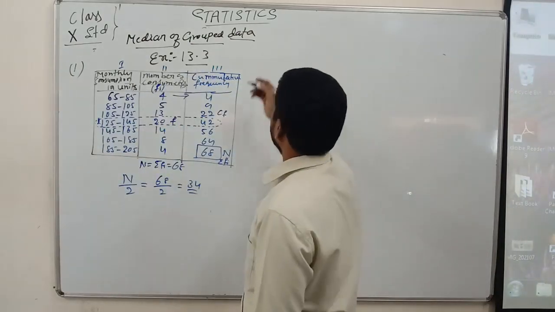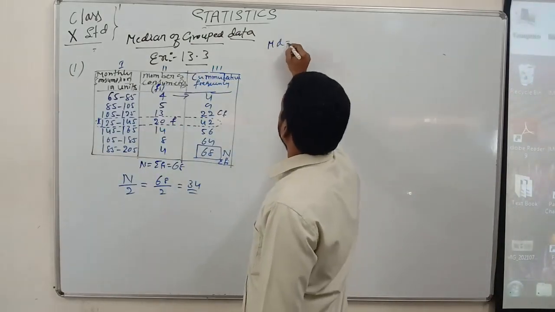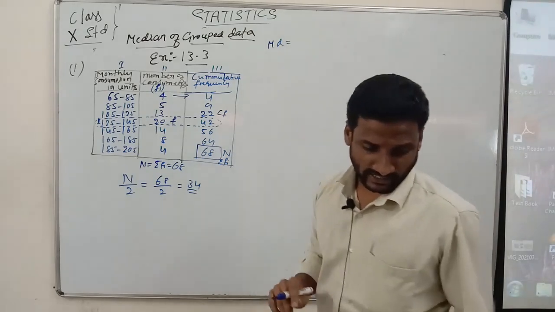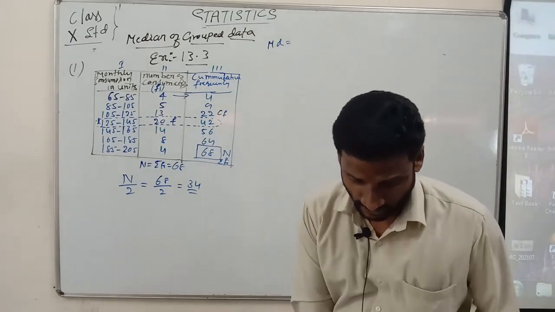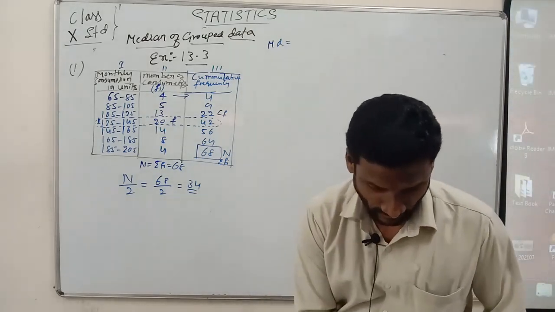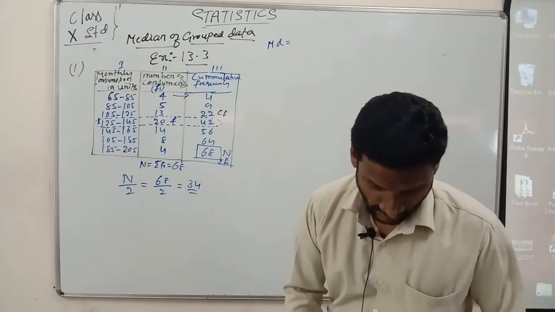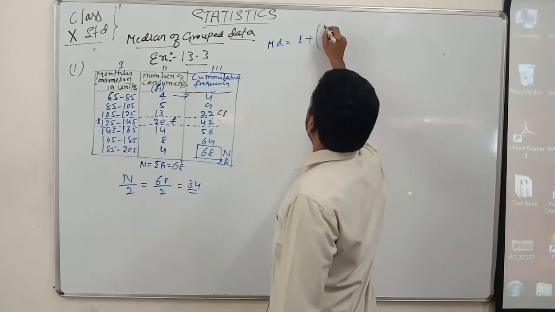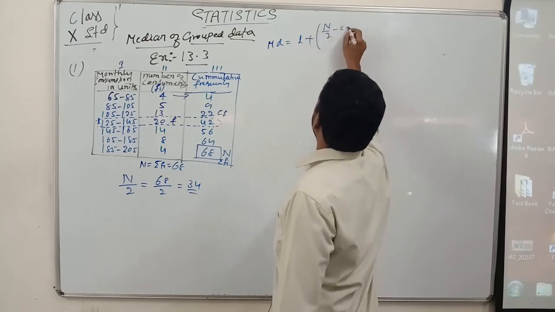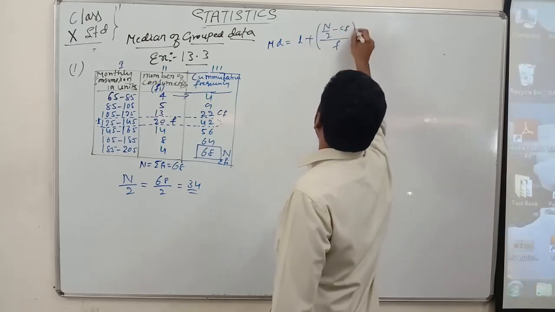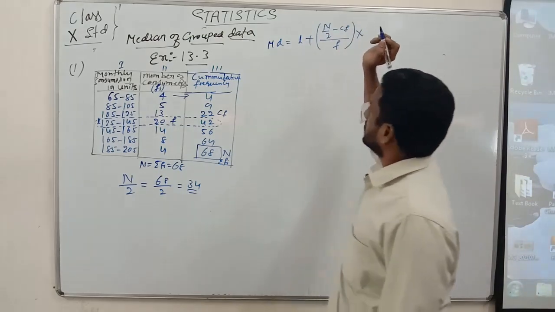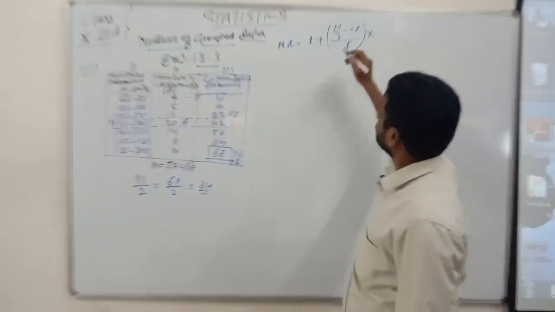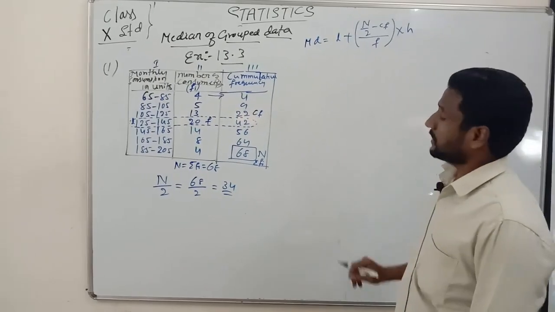So now median is equal to... what is the formula to calculate the median here? Median is equal to L plus (N by 2 minus CF) divided by F into H. So what is H here?